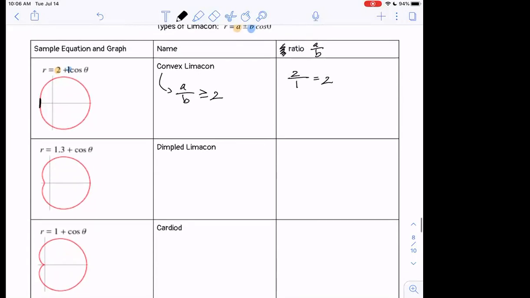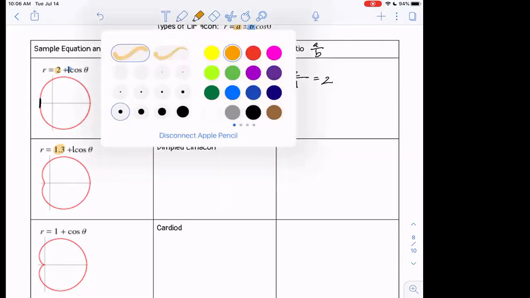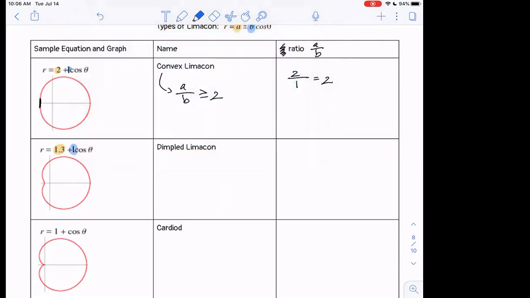Let's take a look at some more of these a and b values. The a value in this second one is 1.3, and the b value, like the first one, is 1. So if we take a look at a divided by b, we get 1.3 divided by 1, which is 1.3.